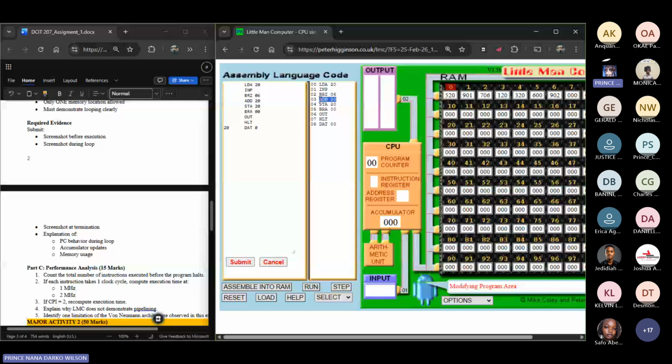Is there anyone who sees the animations? No, it's not moving. Your cursor is stuck at LDA 20. I can't see your screen at all.